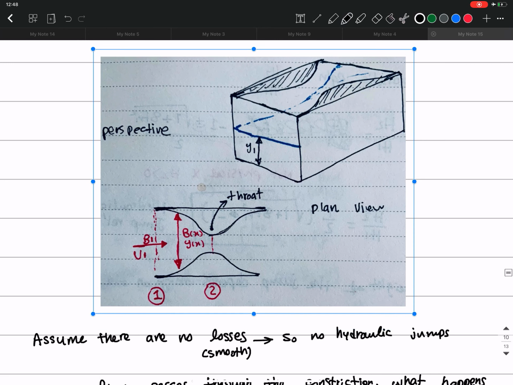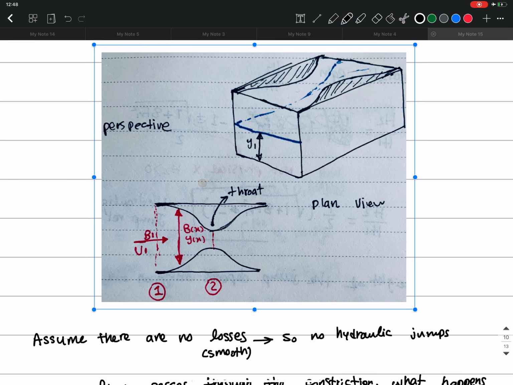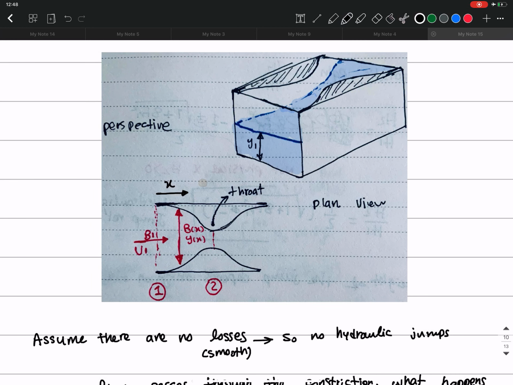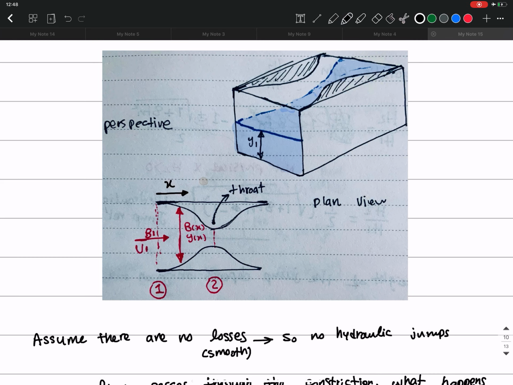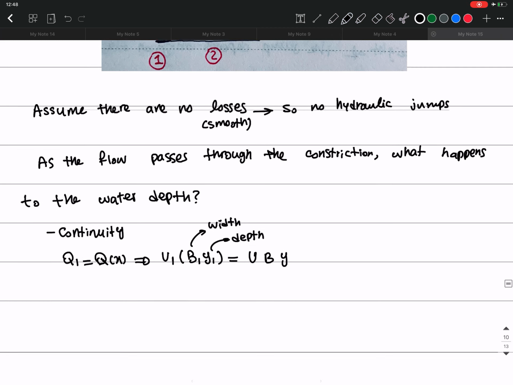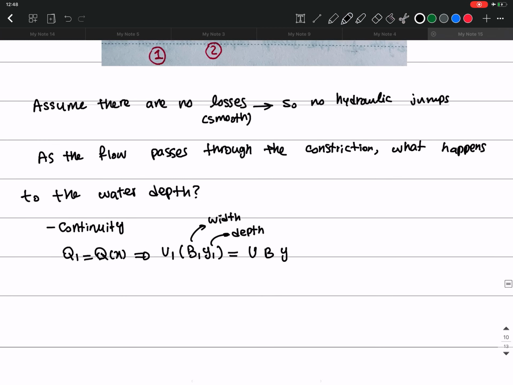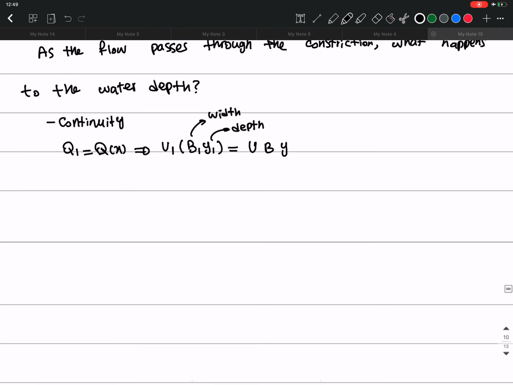So I will put this back here. Okay, so this is the continuity equation, and now I can also write the Bernoulli equation.